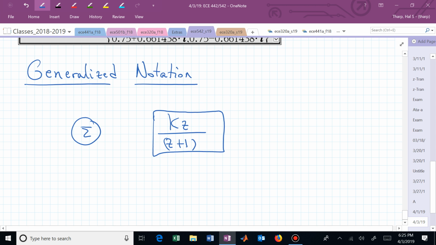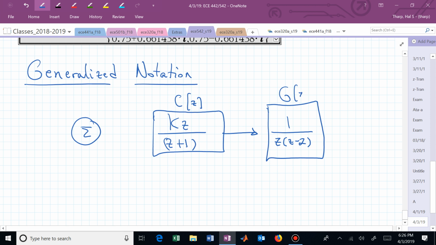I'm basically trying to show you how we can extract or isolate the K and use that adjusting K strategy in our root locus sketch. But let's say this is the controller, and we now have a plant that is our G of Z.